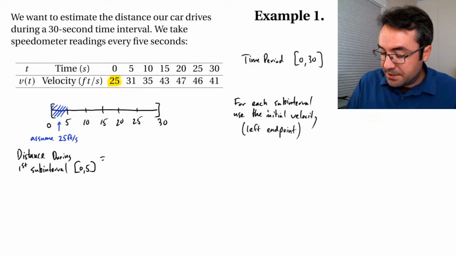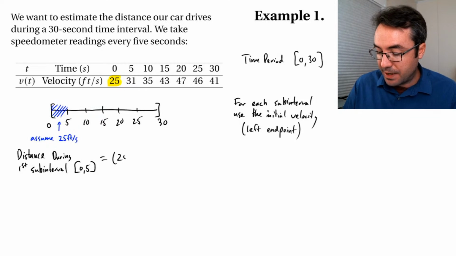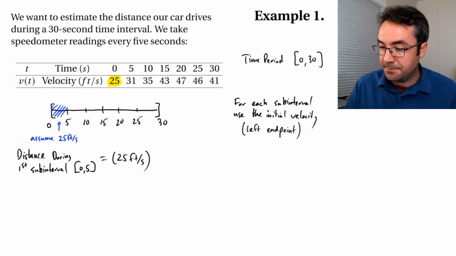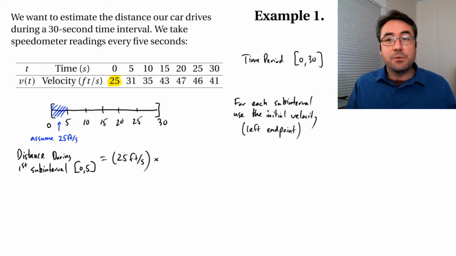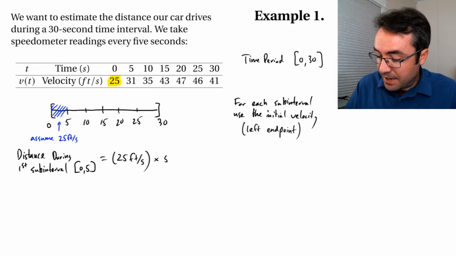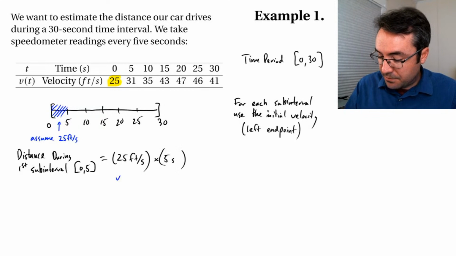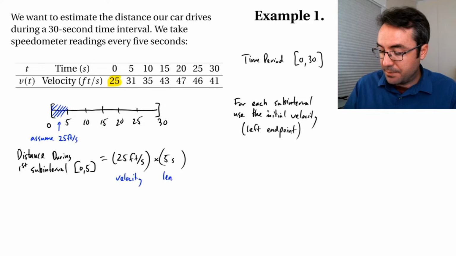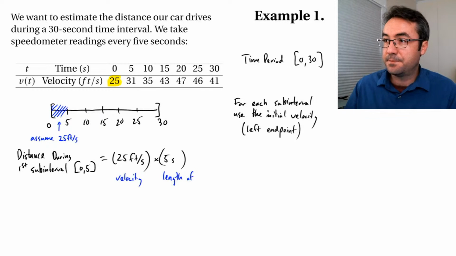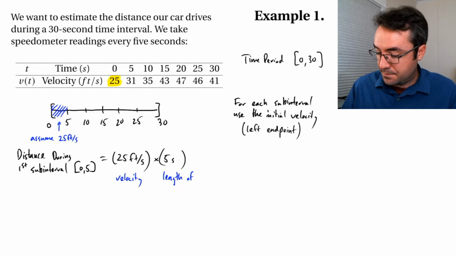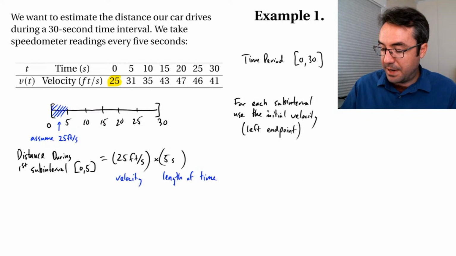So to figure out the distance, it's just the velocity that we're traveling at, 25 feet per second, times how long we actually are traveling during that subinterval. And the amount of time for that subinterval is 5 seconds long. So this is our velocity, and this is the length of our subinterval.